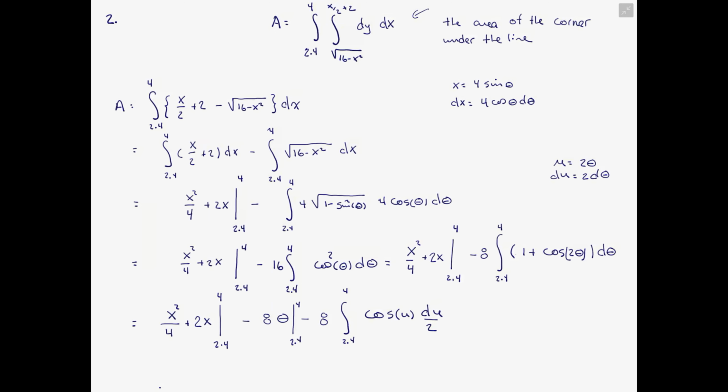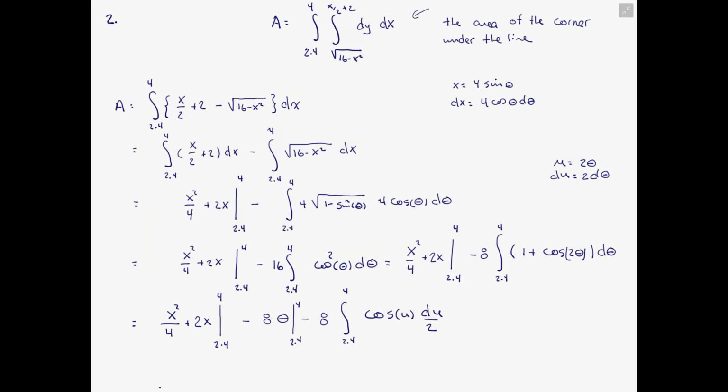Now, my first line here was integrating in the y direction, which puts the equations x divided by 2 plus 2 minus the square root of 16 minus x squared into the integrand of a single integral in the x direction with the limits between 2.4 and 4. And so now I have my integrand that I need to solve.